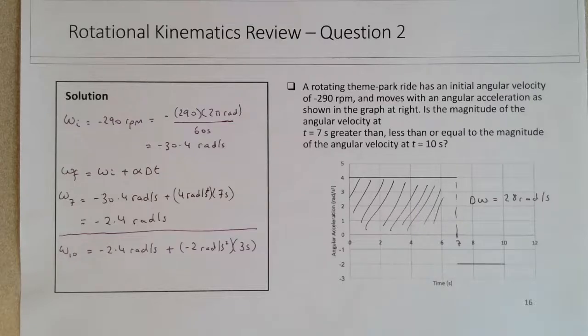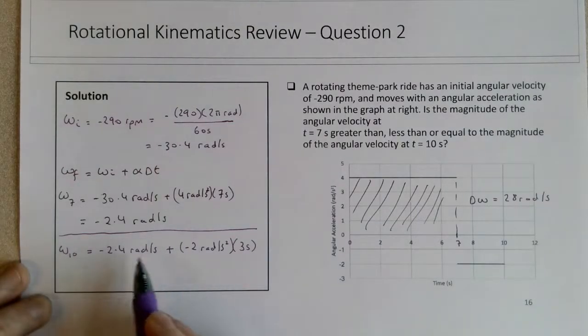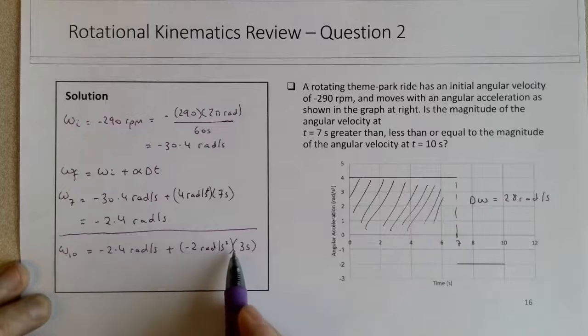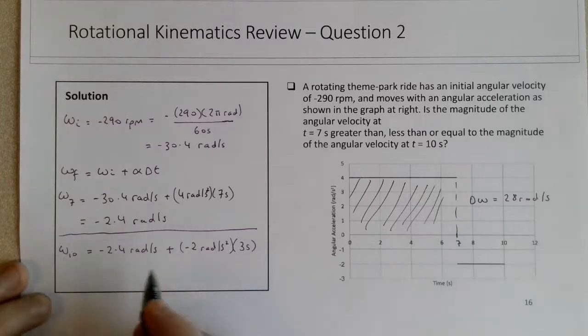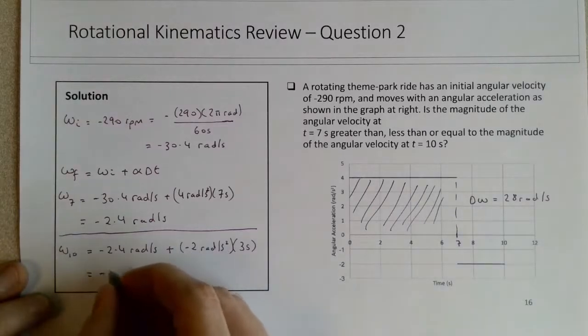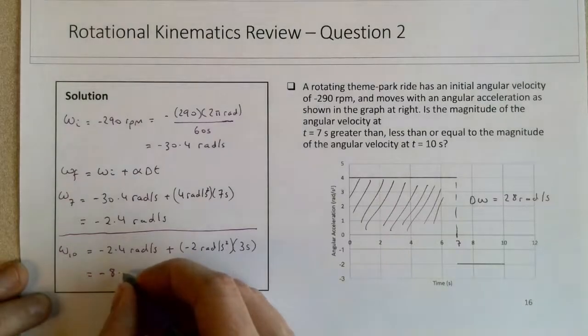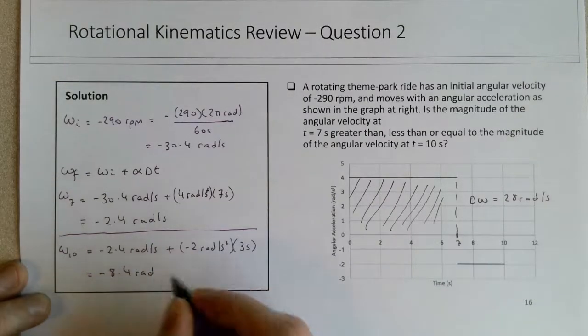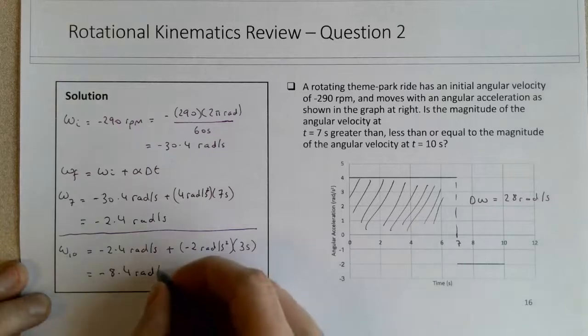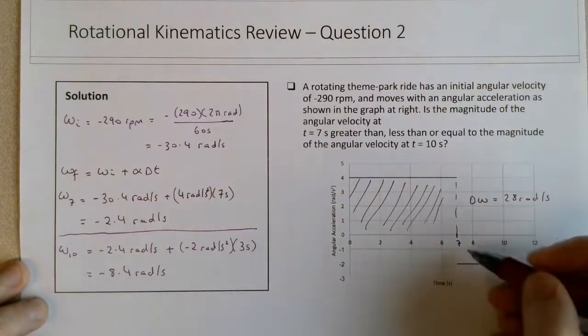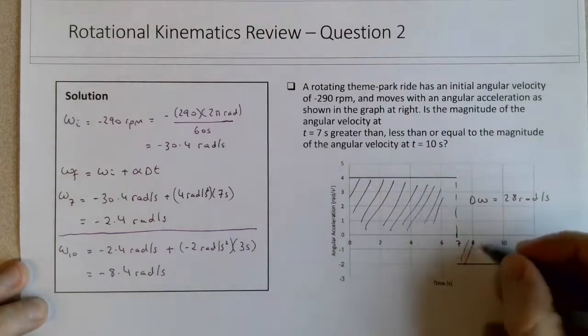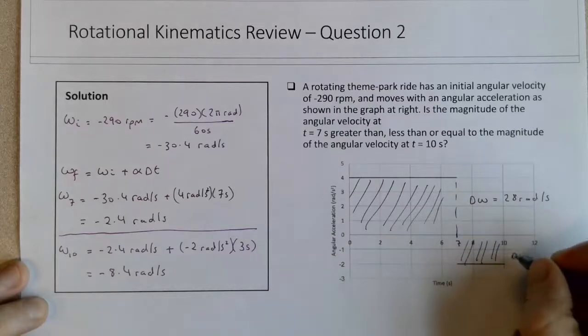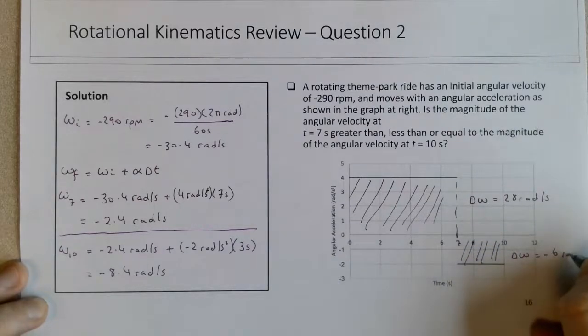This will be a negative times another negative quantity, so this ends up at negative 8.4 radians per second. So again, this is a change of negative 6, which is the area underneath here. The delta omega here is negative 6 radians per second.